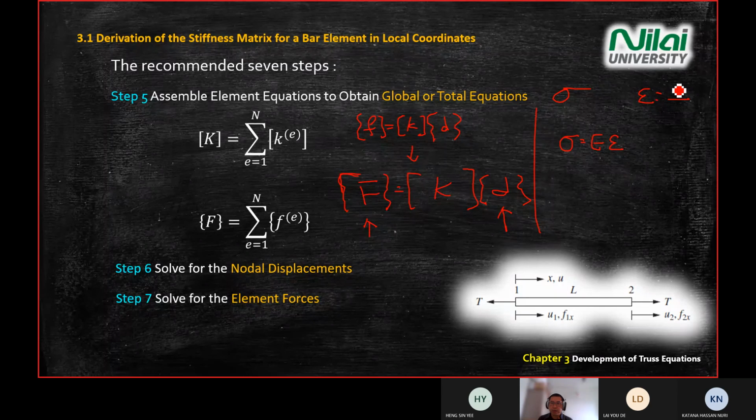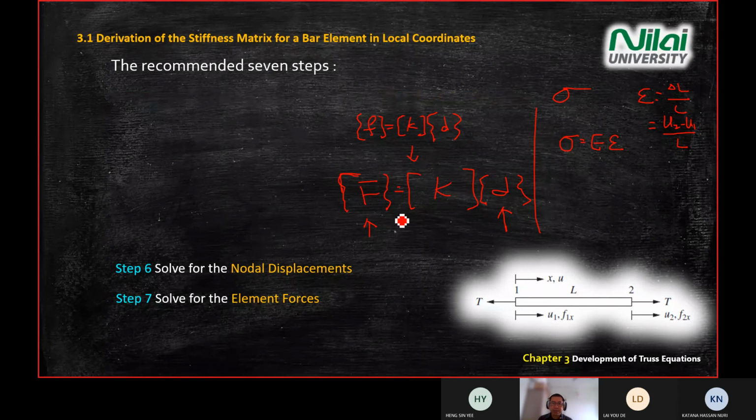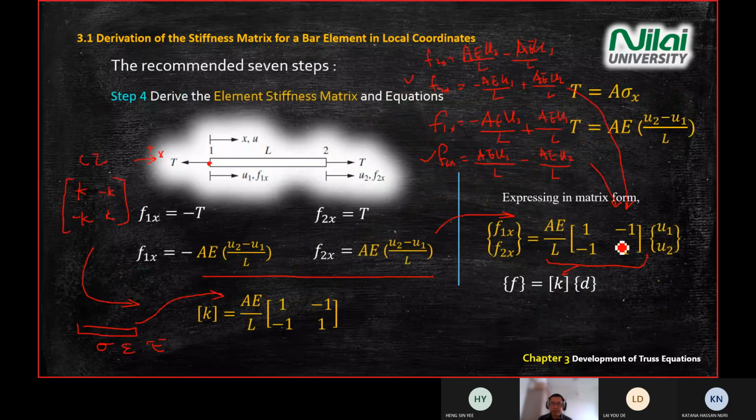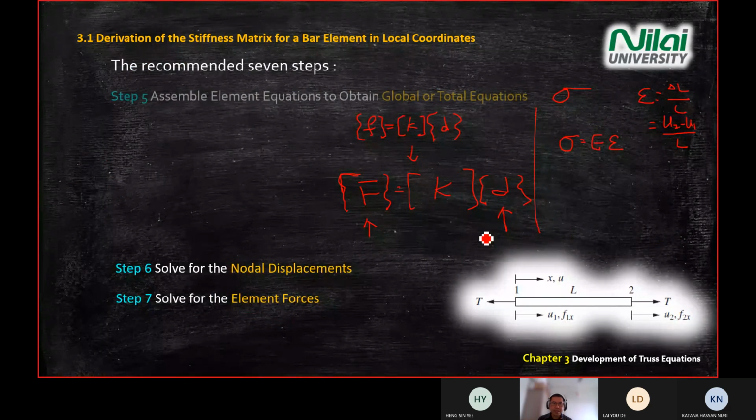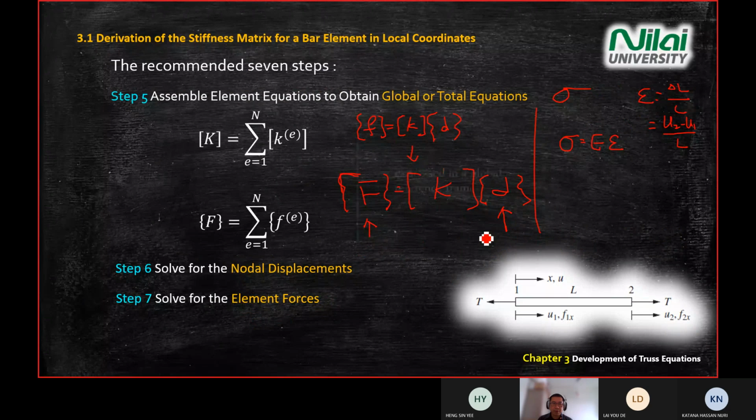Strain is the change of L over L for this module, because we are referring to this diagram. So our equation will be U2 minus U1 over L. We put it in here, then we'll get this one. So these are the 7 steps for chapter 3.